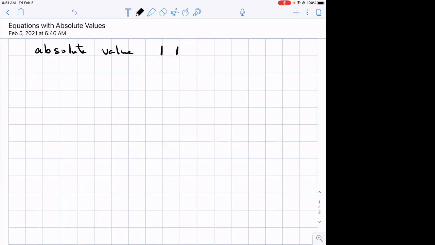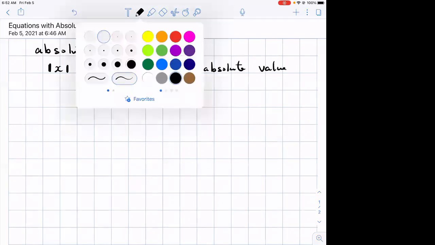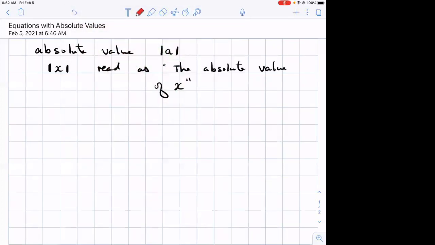So the absolute value of A. If I have a vertical line, X, vertical line, we read this as the absolute value of X. These two lines here are what make it the absolute value symbol.